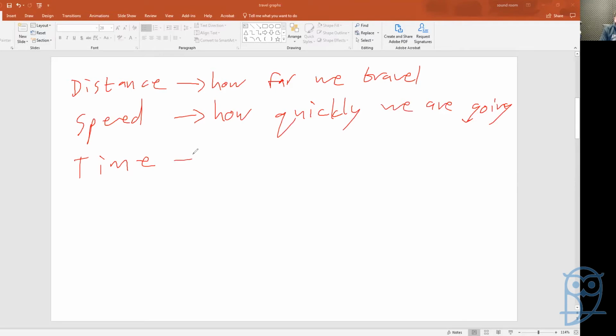And the time is how long it's taking. Now, you might have to work between them. So you very possibly might be given a speed and a time, and you have to calculate a distance. Or you might be given a distance, a time, and calculate a speed. So we need to know how each of these relate to each other.